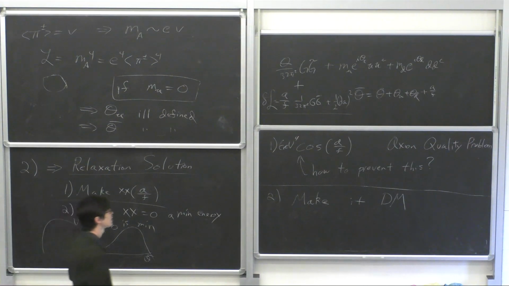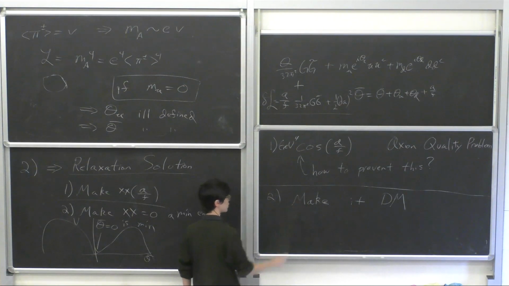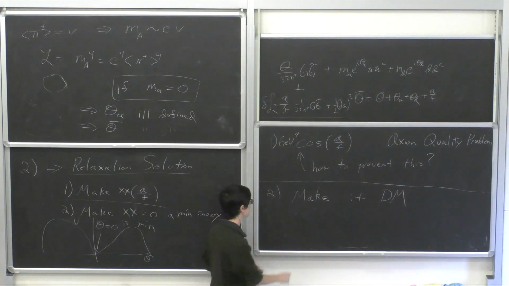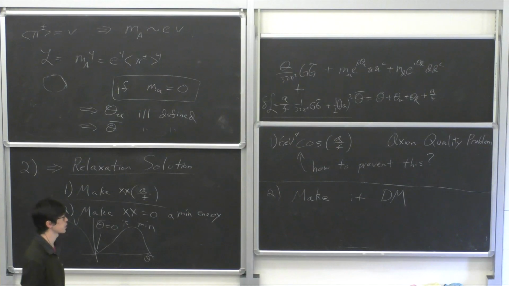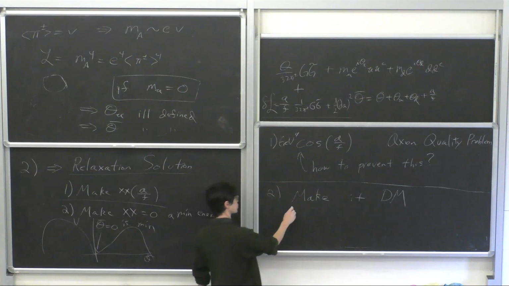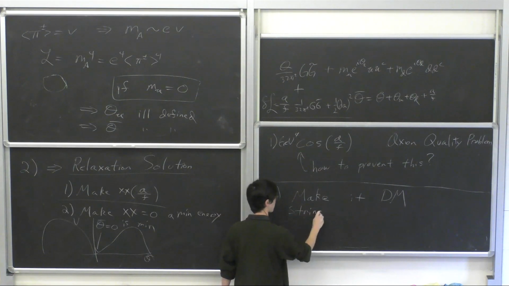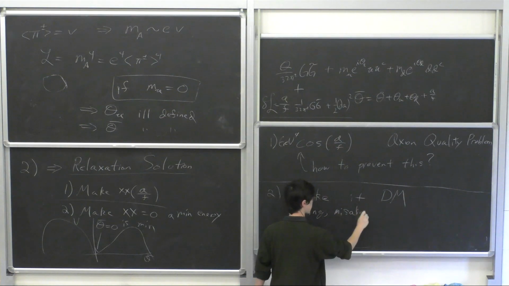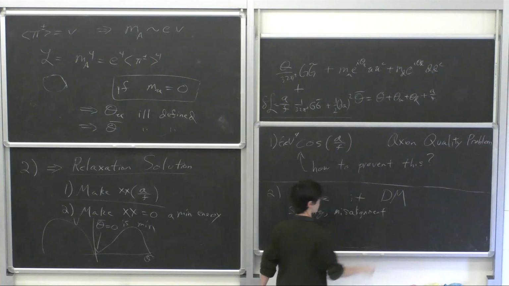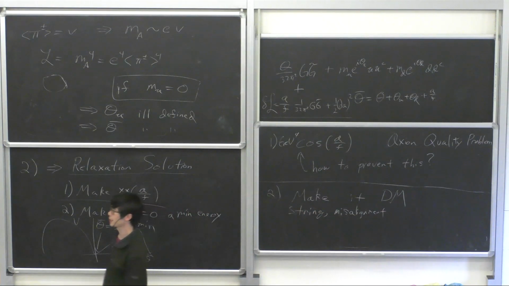If you want the names, there are two mechanisms that are pretty easy to do it. One is basically just assume the universe was hot and then let strings produce it, and there's the misalignment mechanism. These are probably the two favorite ones, but there are a near infinite number of ways of making this thing dark matter.